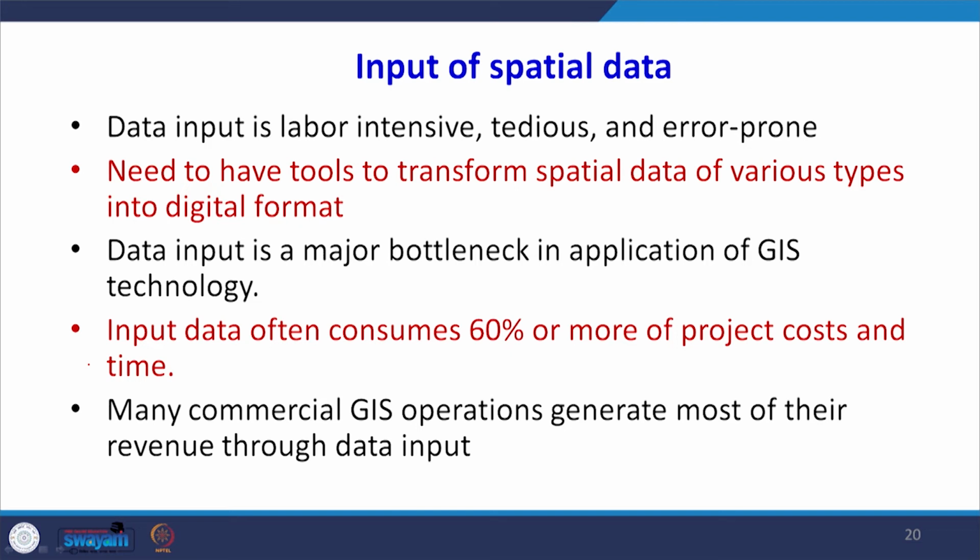So we have to create the data set, generate the data set and give this data input to GIS, and carry out the georeferencing work so that the entire data is georeferenced together. So this actually takes a lot of time. Sometimes you have to do the transformation of the data also.